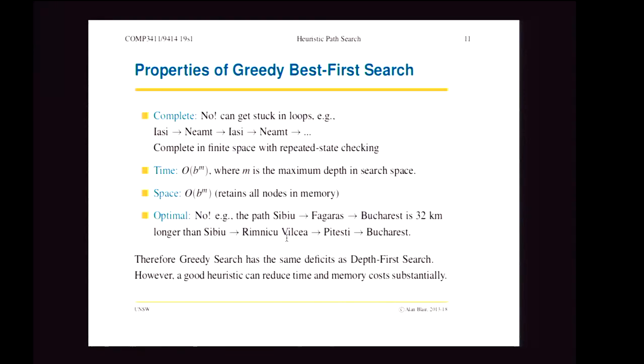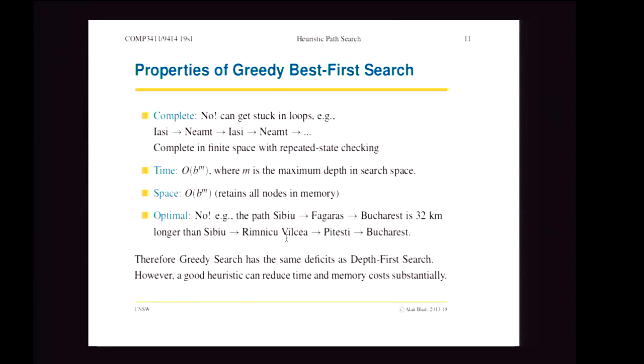The time complexity in the worst case, right, so the thing about this greedy search is in most cases it does find a solution quickly, but in the worst case it may take a really long time. So in terms of the worst case situation, it could be just as bad as depth first search.